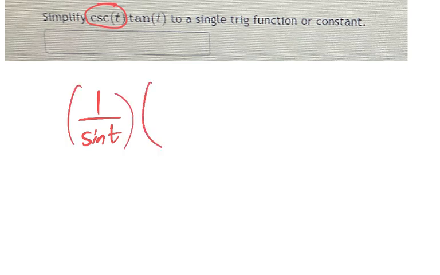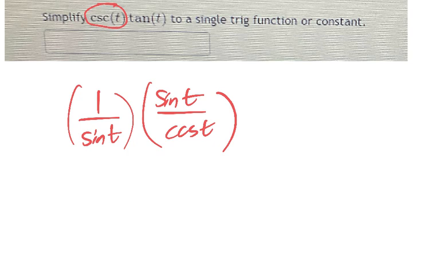So if I focus on cosecant, how can I write that in terms of sine and cosine? Well, cosecant is 1 over sine. This is going to be multiplied by, what's tangent look like in terms of sine and cosine? So now I'm multiplying fractions.